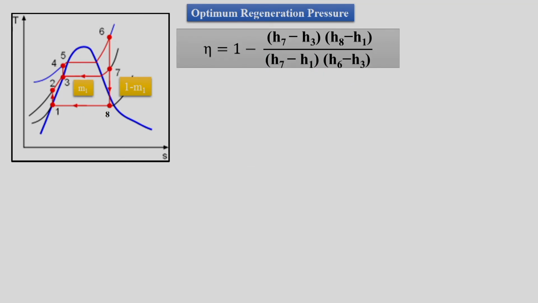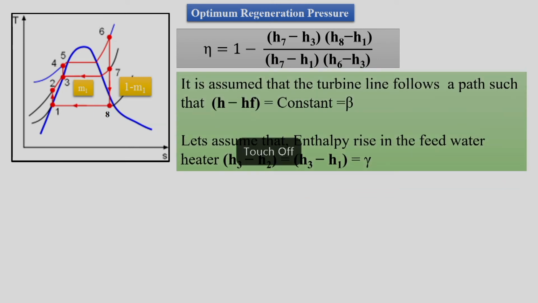This is the same formula for efficiency as we have derived till now. Now, we will take certain assumptions. We assume that the turbine line follows a path such that H minus HF is constant. H is on this line. So, H7 minus H3 is equal to, from point A to this B, HA minus HB.